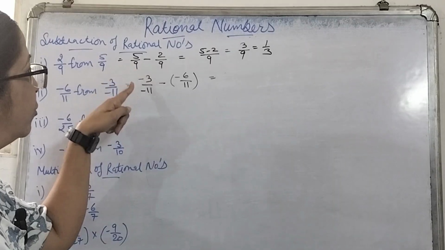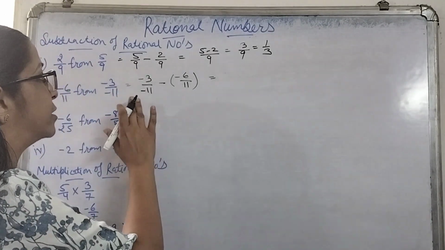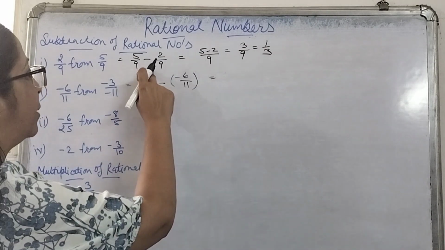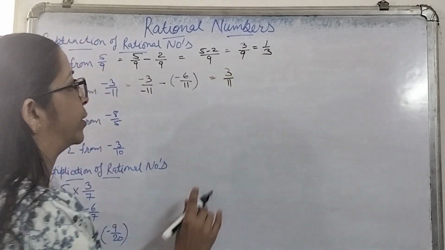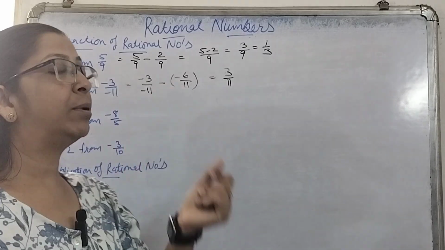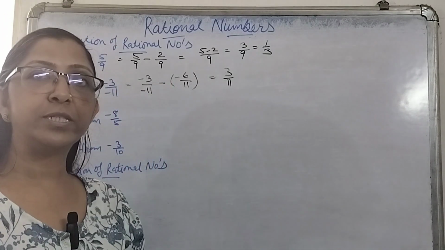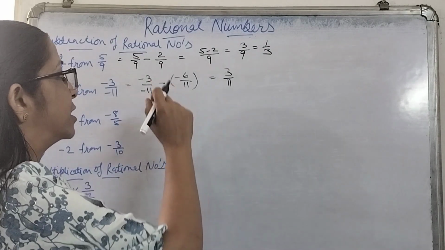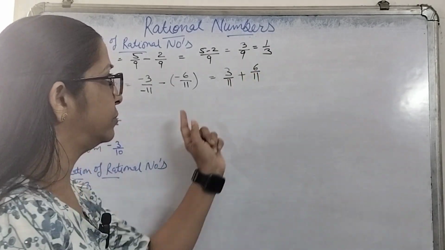We know that if the numerator and denominator are both negative, then their quotient is positive. So minus 3 over minus 11 can be written as 3 upon 11. When a minus sign is multiplied by a minus sign, it gives a positive sign. So this minus and this minus will turn to plus 6 upon 11.